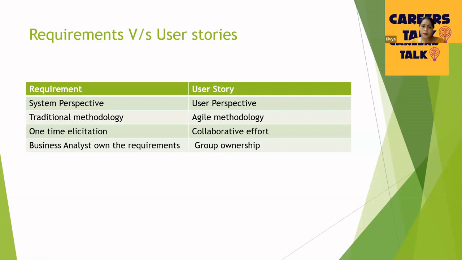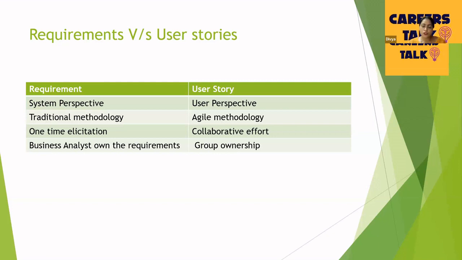Requirements are basically used in traditional methodology like waterfall methodology and spiral methodology, whereas user stories are used in agile methodology. But nowadays, when they use a hybrid of agile and waterfall, we tend to write user stories even in that hybrid methodology as well. Requirements are one-time elicitation.